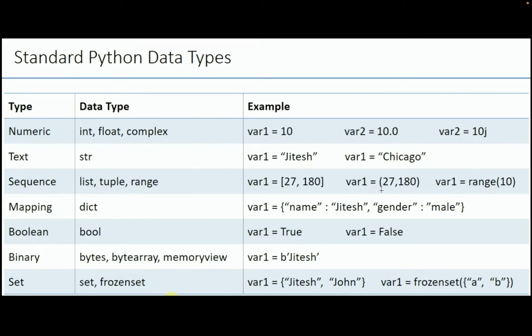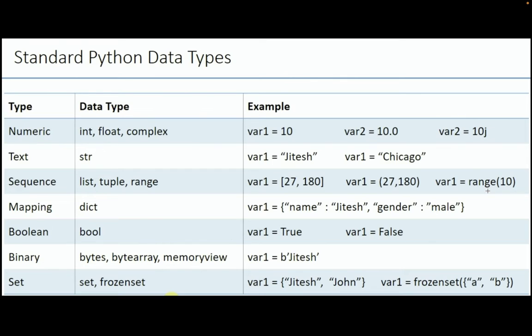Tuple, on the other hand, is immutable data, which means we cannot change it, so we can't modify the size and the value of the items of a tuple. A range is a sequence of numbers between a given range. In this case we have range 10, which means it begins from 0 to 9.